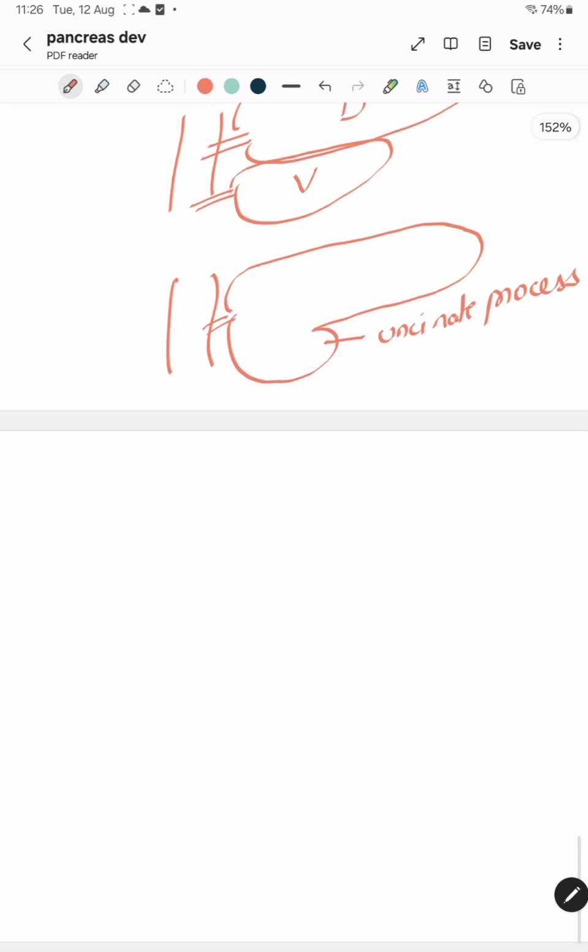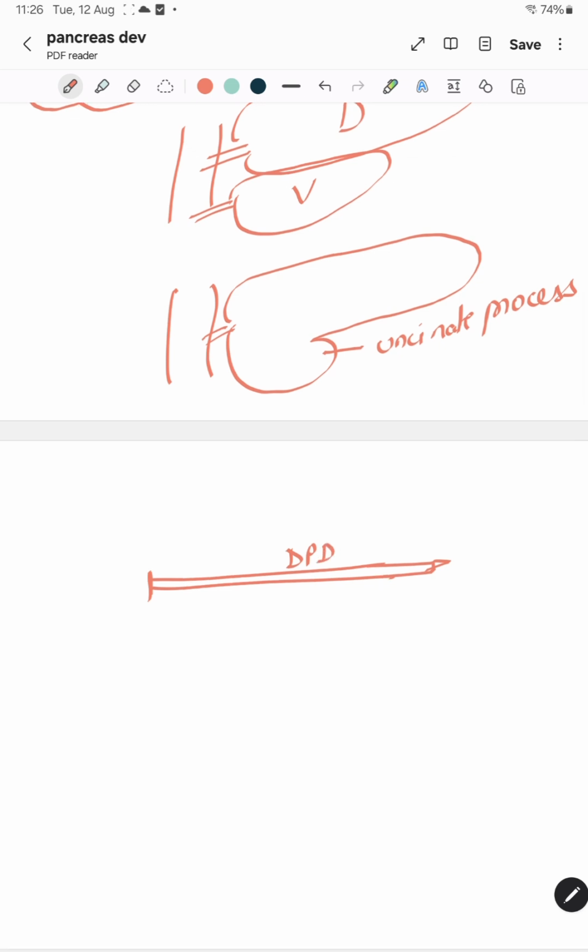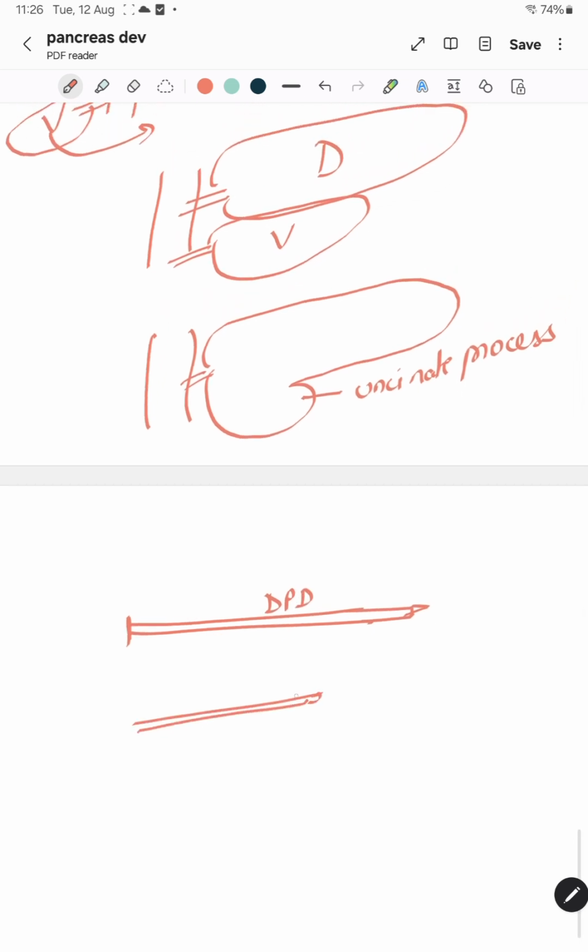And if we talk about the buds and the duct system, this is the dorsal pancreatic duct, this is the ventral pancreatic duct.